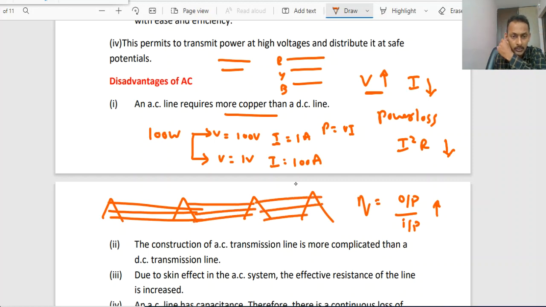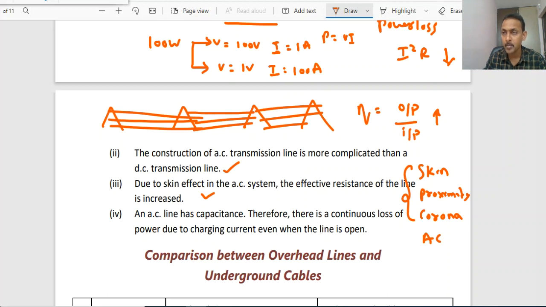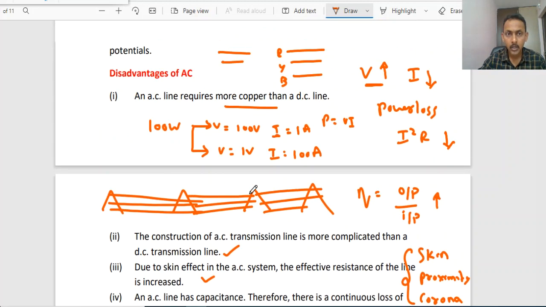So construction of AC transmission lines is complicated compared to the DC transmission line, and we are going to have skin effect, proximity effect and corona. I have discussed what skin effect, proximity effect and corona mean. These three effects we can observe in the AC system, and they will be more compared to the DC system. So these are the drawbacks.